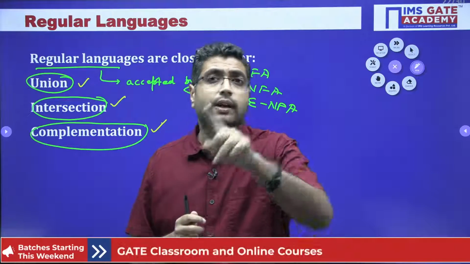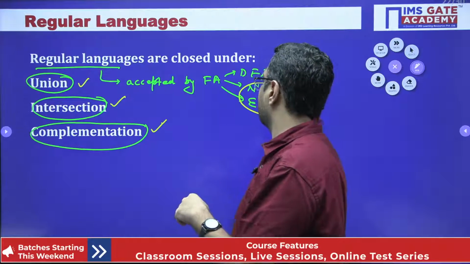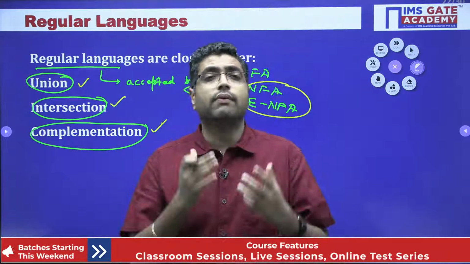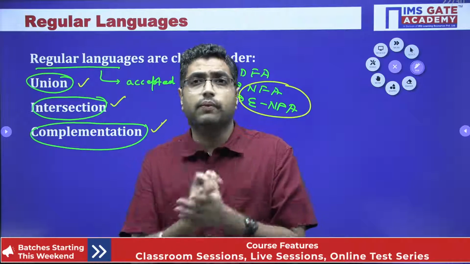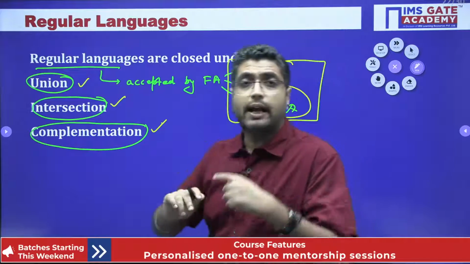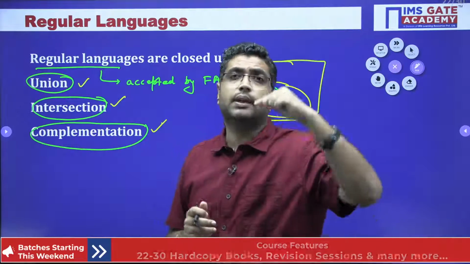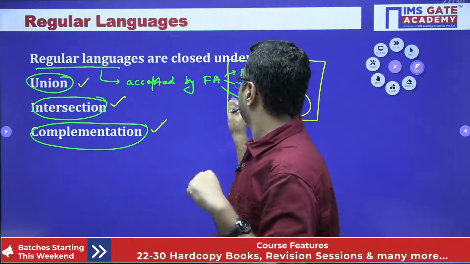But this we have done for DFAs. We have not done it for NFAs and epsilon NFAs. So how can we say this? We can easily prove that all these three are equivalent in power. That means every NFA can be converted to an equivalent DFA, and every epsilon NFA can be converted into an equivalent NFA.